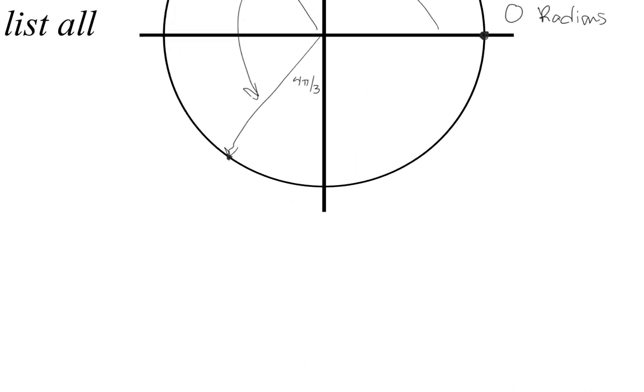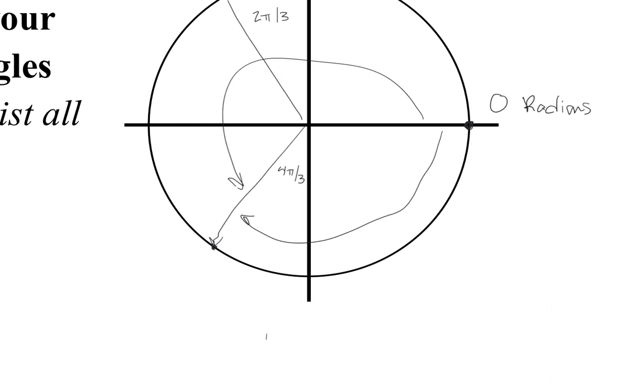But to get this angle, you can say 4 pi over 3 minus 2 pi, and that will be the same as -2 pi over 3, which is the same as just reflecting this angle across the x-axis.